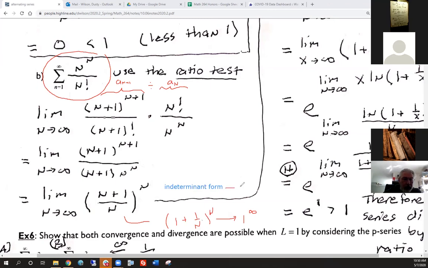L'Hopital's rule, exactly. But L'Hopital's rule requires that you take a whole bunch of derivatives. And in order to take derivatives, you need what kind of variable? X's. You need a continuous variable.